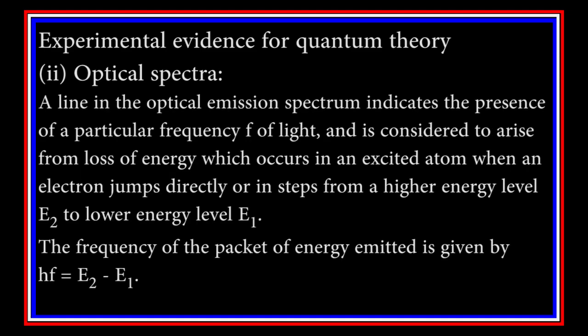2. Optical spectrum. A line in the optical emission spectrum indicates the presence of a particular frequency f of light and is considered to arise from a loss of energy which occurs in an excited atom when an electron jumps directly or in steps from a higher energy level E2 to a lower energy level E1.